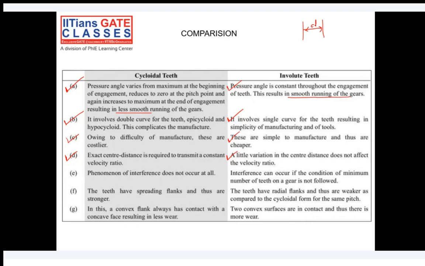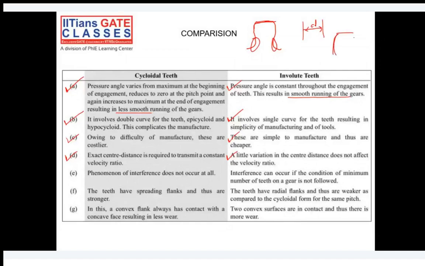In cycloidal tooth profile, you can see there is a concave shape at the bottom, this one. Because of this, the other gear which is meshing with this gear has no chance of undercutting, in the sense of removing the material or rubbing at the edge. Whereas in case of involute profile, the curve looks something like this.